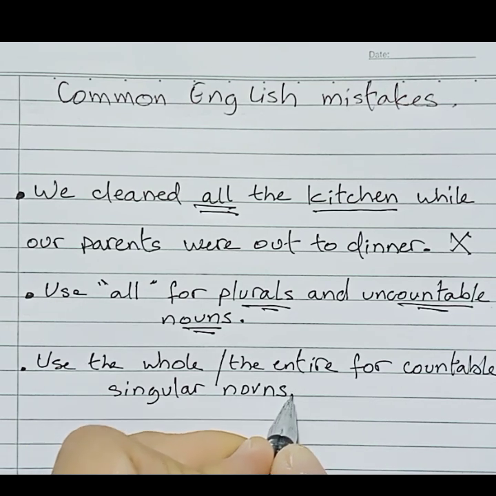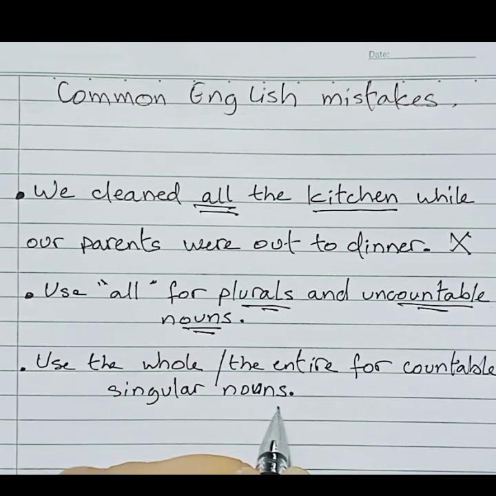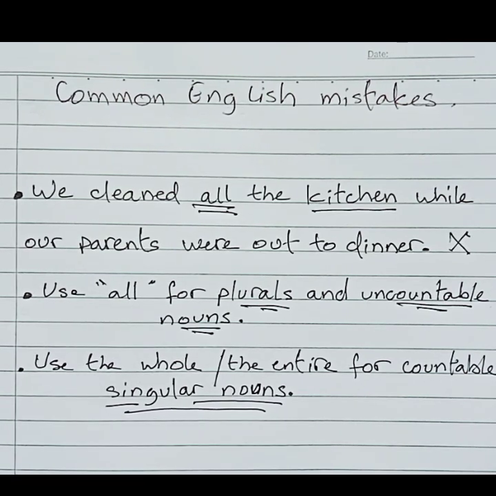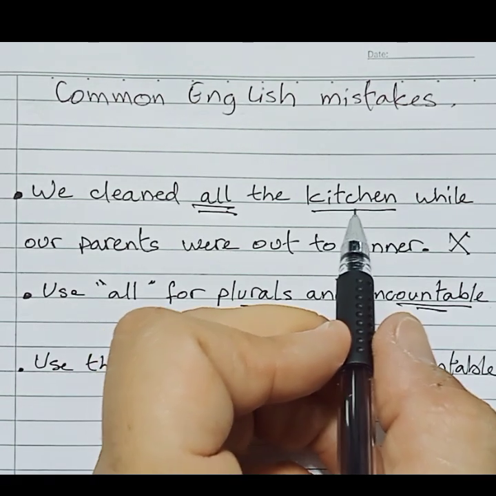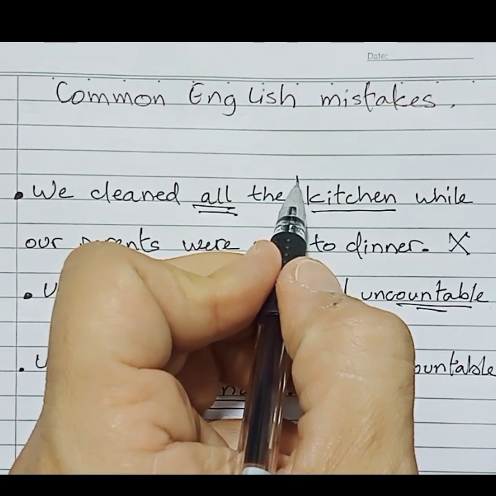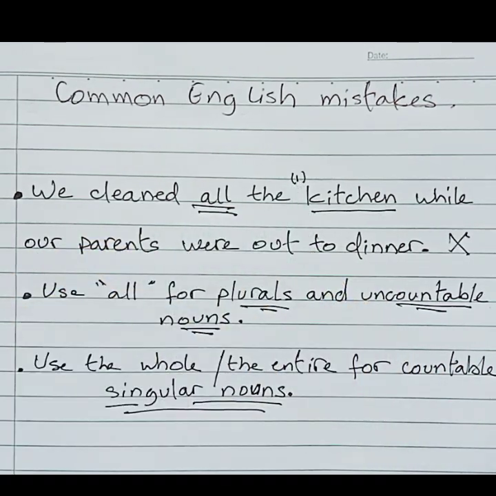So that's the thing about it. All what you need to do is look at the noun first. If the noun is singular, don't use all, because all is used with uncountable nouns and plural countable nouns.